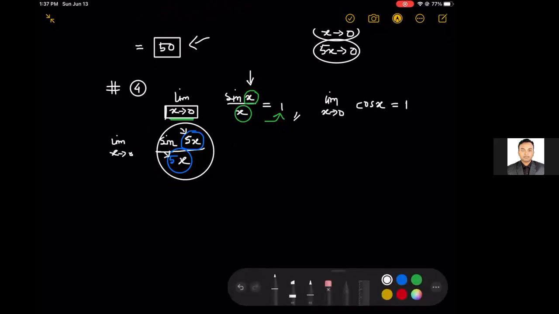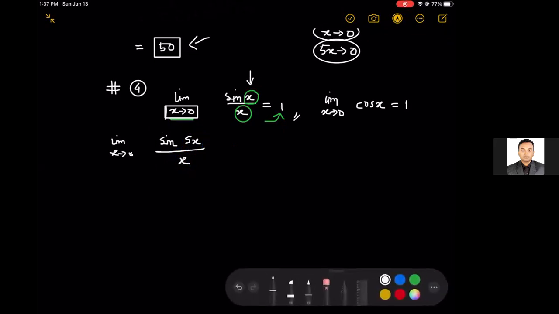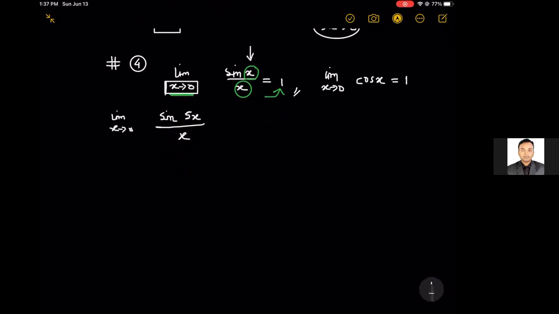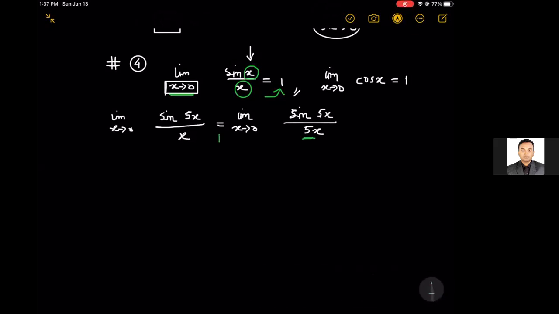So let me show you how to bring a 5 here, which we really want. We don't have a 5 to start with, right? But we want a 5 here. So let us write the required 5. I have written a 5 in the denominator, but this equal sign holds me back because the value needs to be the same.